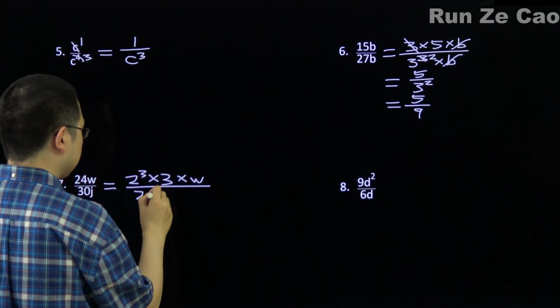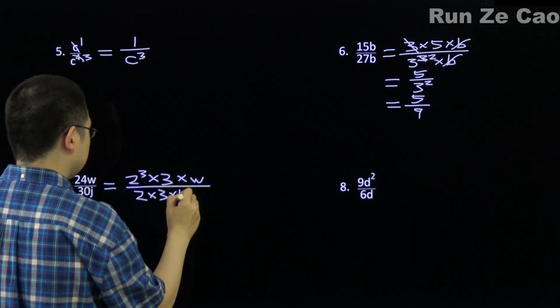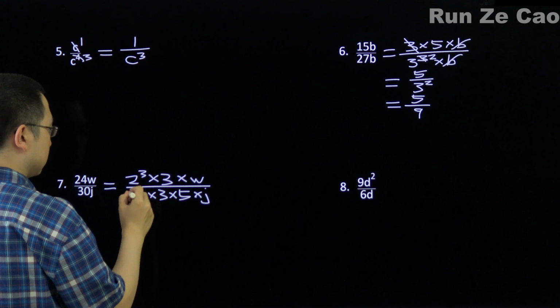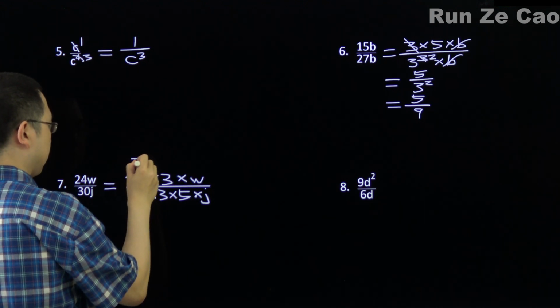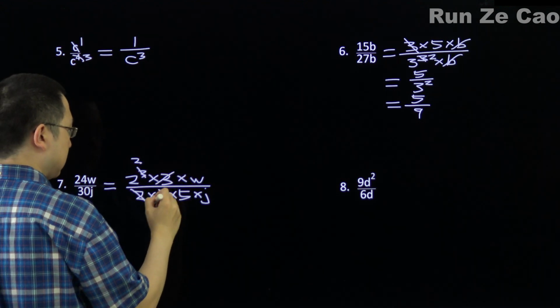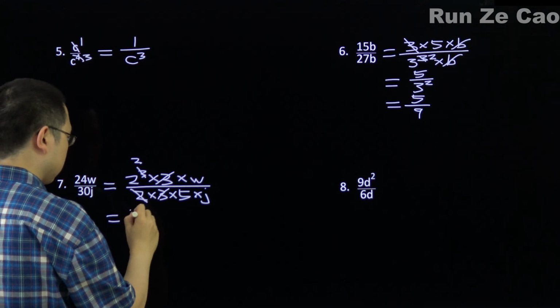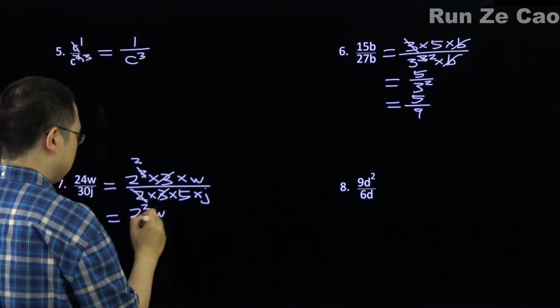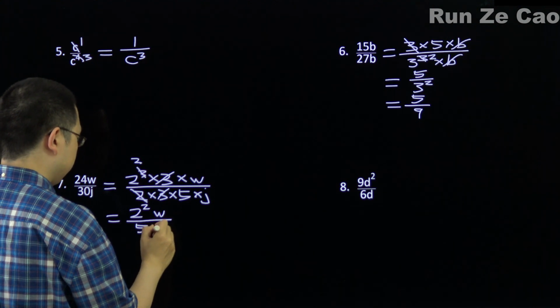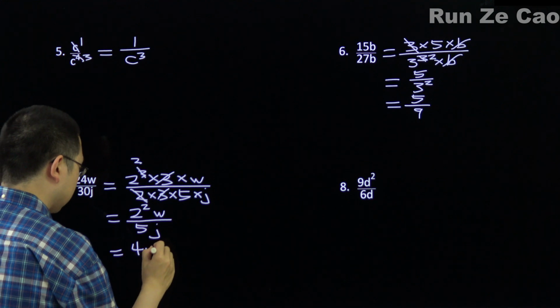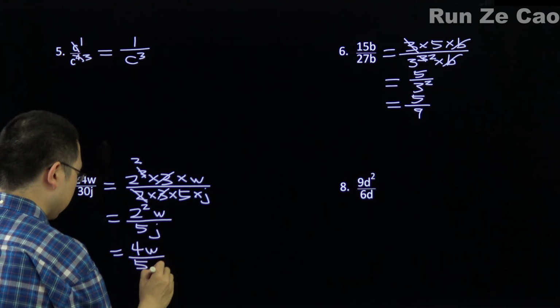So 2 times 3 times 5 times J. Okay, 2 cancels a bit. And then the 3's cancel away. And that's it. So we end up with 2 squared W over 5J. Or, if you like, 4W over 5J.